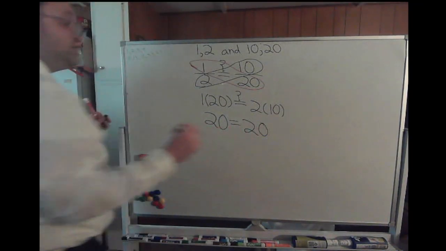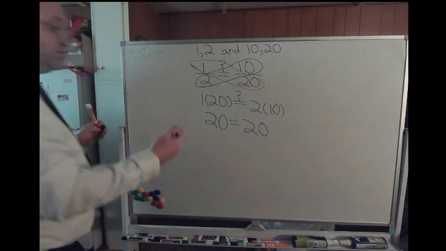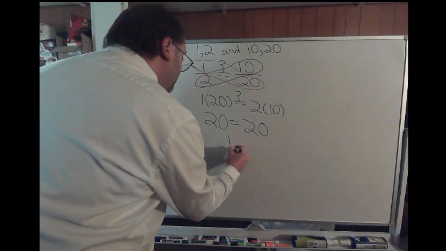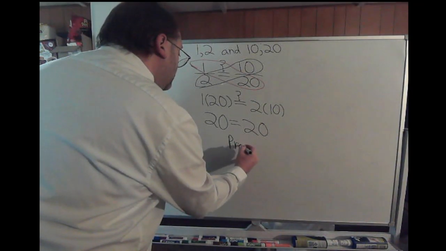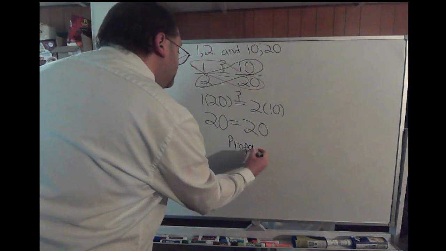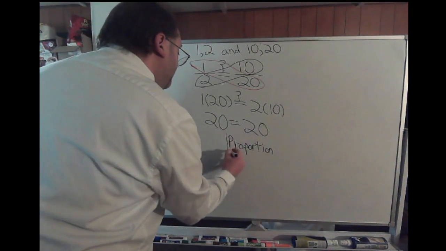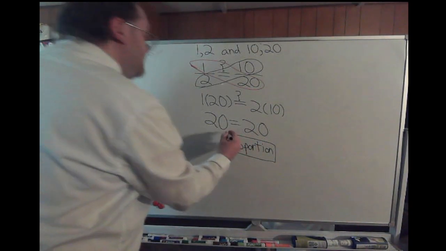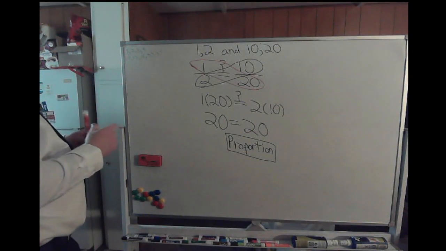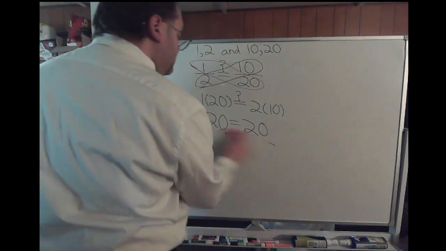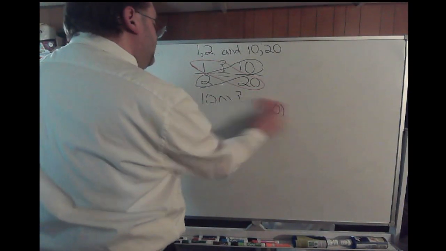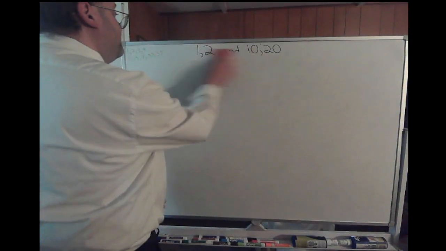Both cross products are in fact equal, because 20 equals 20, so they are proportional. So 1 and 2 are in direct proportion to 10 and 20. They are in fact in proportion. So if you get one side equaling the other for the cross product, then yes, they are in proportion. If one side does not equal the other, then they're not in proportion.